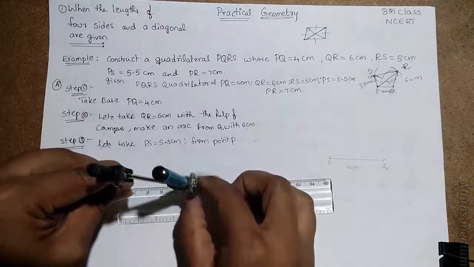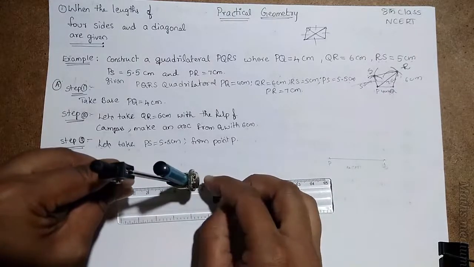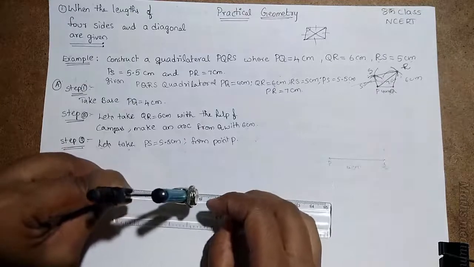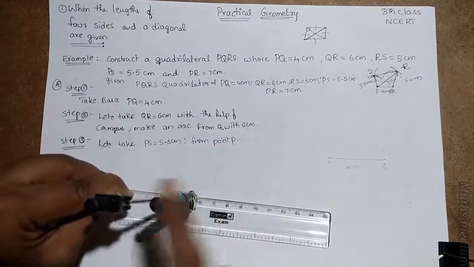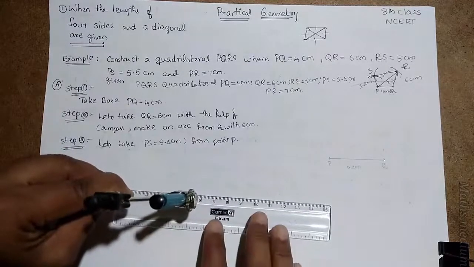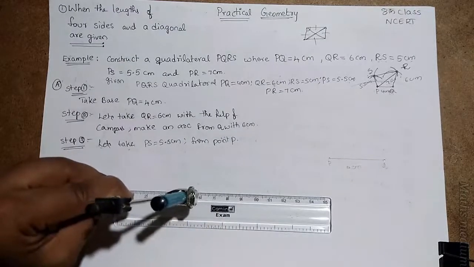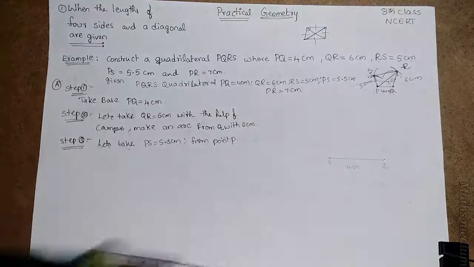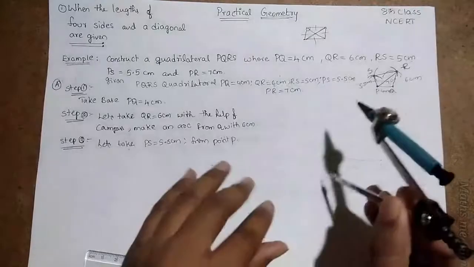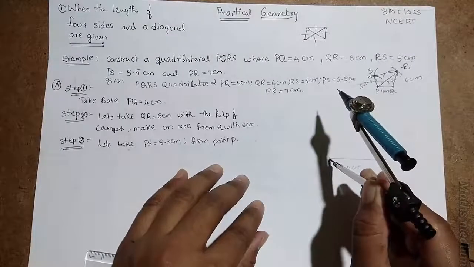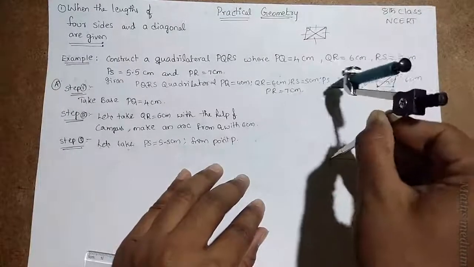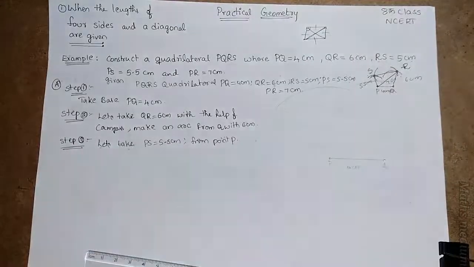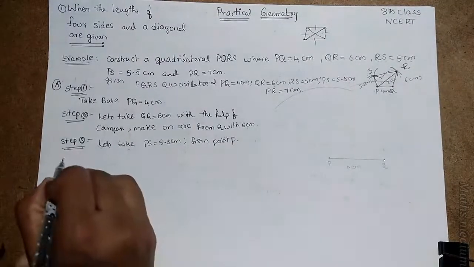Any way you measure, with a compass or otherwise, make sure there is no parallax error, so position error. Here we have to look from the top angle only. So it is 5.5. Put the pointer at P and make an arc with 5.5. Next, step 4.